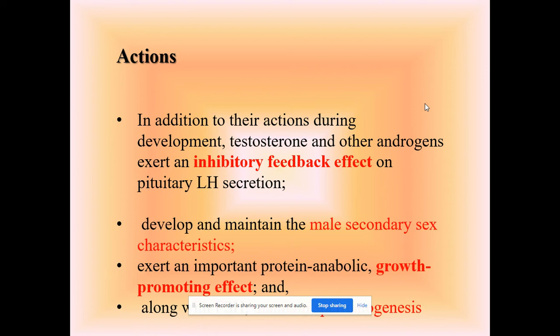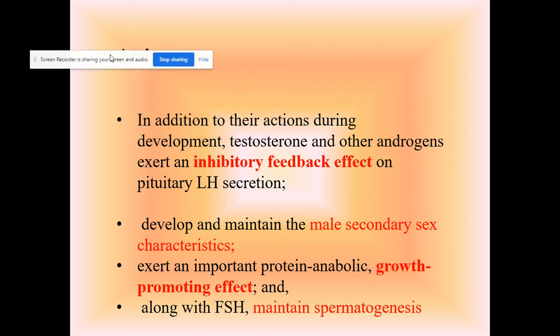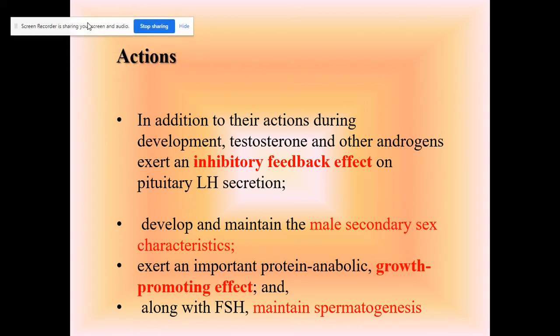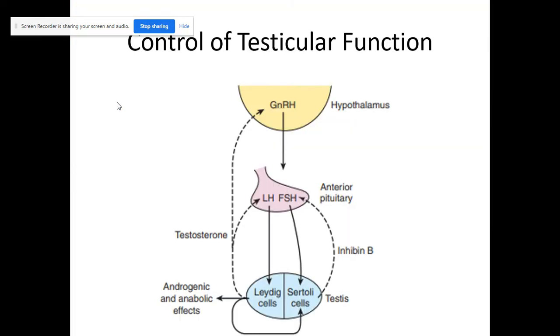Another action is to develop and maintain male secondary sex characteristics. The third is to exert an important protein anabolic, growth-promoting effect. And lastly, along with FSH, it maintains spermatogenesis. So just remember the highlighted text. This one is shown on the first slide of this lecture.